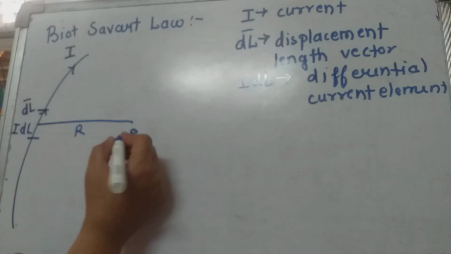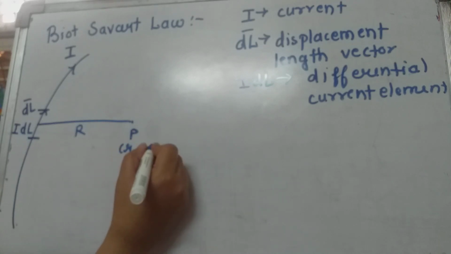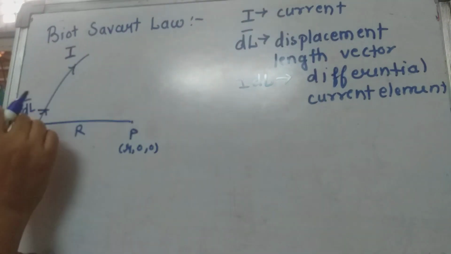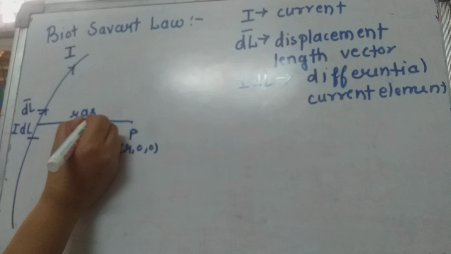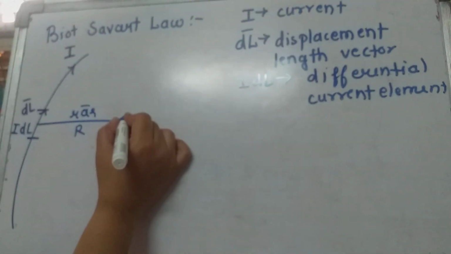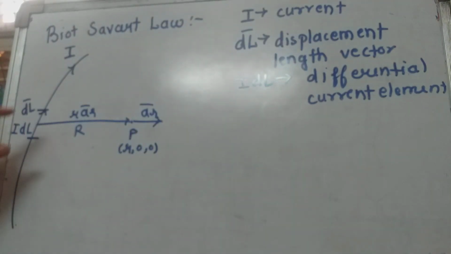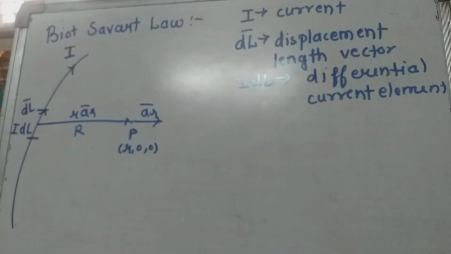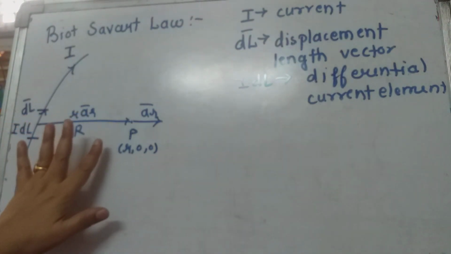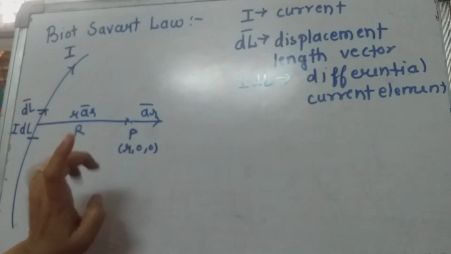If the coordinates of point P are 0, 0, suppose, then I can write this in the vector form as r a_r, where a_r is the unit vector directed from the source point to the field point. Point P is the point at which the magnetic field intensity is to be determined.